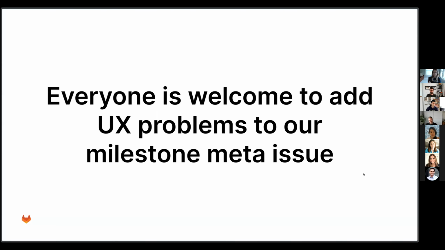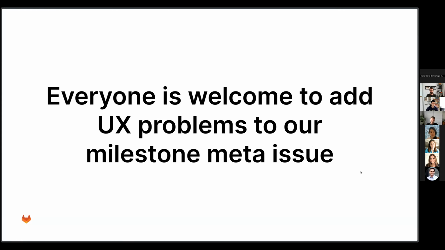So this is my message to you. Everyone is welcome to add UX problems or issues or literally anything which bothers you or our users or our customers to our milestone meta issue. For each milestone, we have a meta issue.